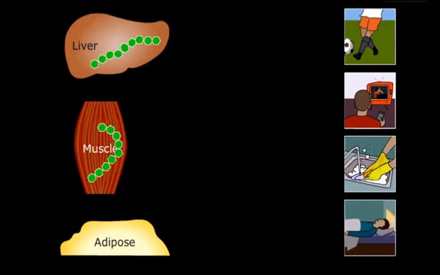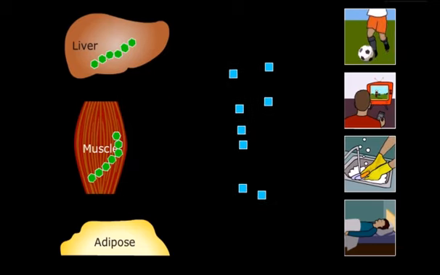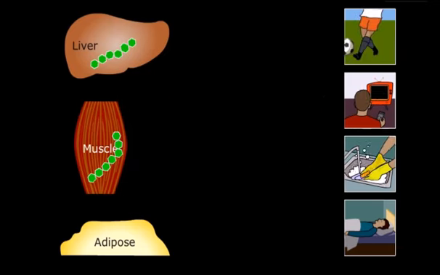Between meals or in times of fasting, stored energy in the form of glucose from glycogen, as well as stored fats from adipose tissue, and, depending on the length of the fast, muscle protein breakdown, are mobilized for use as energy sources to meet the body's energy needs.